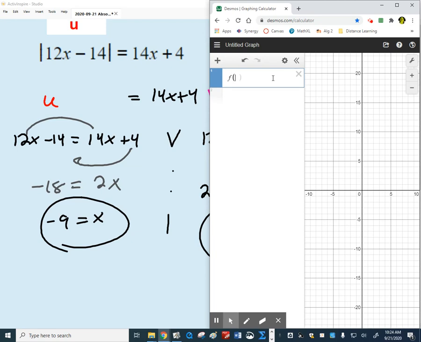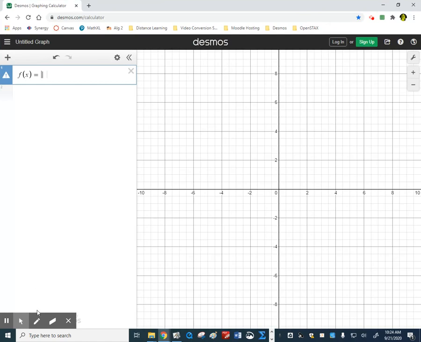Let's set f of x equal to what's on the left side of the equation, which is the absolute value. Well, I guess I can't do that yet. There we go, like that. So the shortcut for absolute value in Desmos, you can always go down to the toolbar.